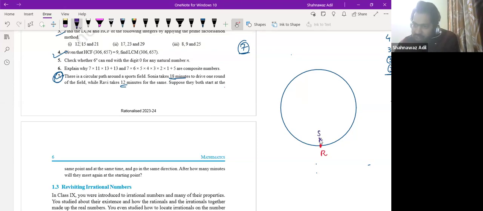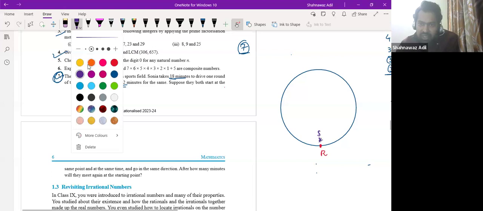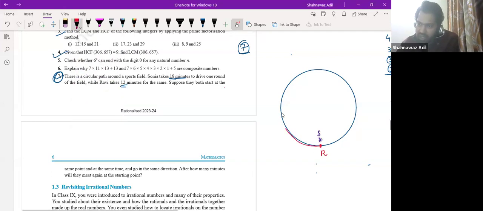So both start from this point. And Ravi in 12 minutes completes one full rotation. So Ravi starts, in 12 minutes he comes at this exact position.